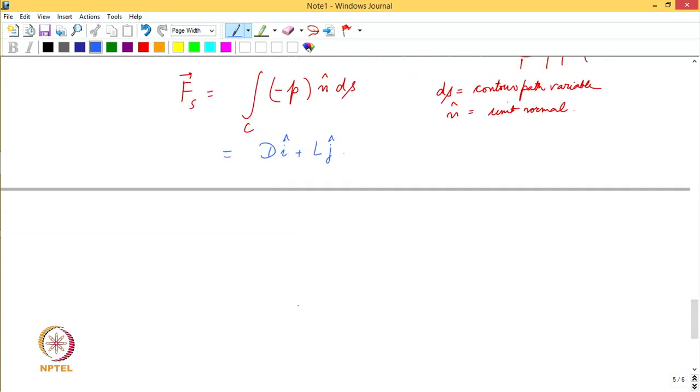So, we have the element sort of like this, this is ds, and I am going to try and resolve this into its projections along x and y. So, say the projection along y is dy, the projection along x axis is dx, and say the slope of this ds with the x axis is theta. Okay.